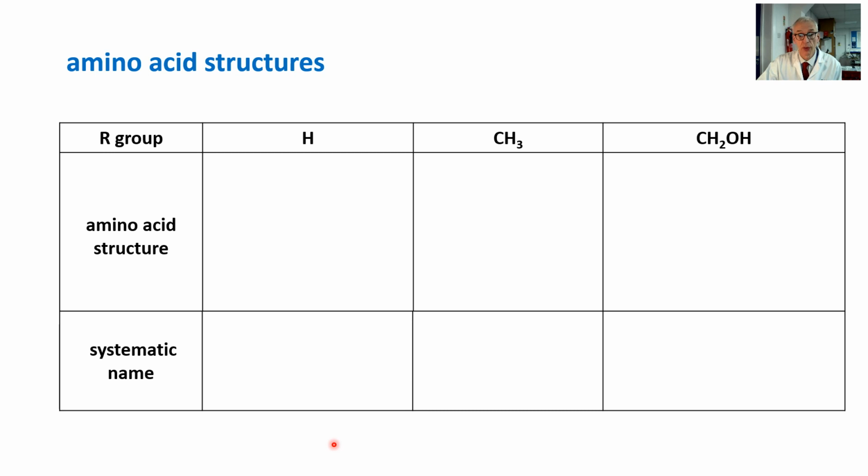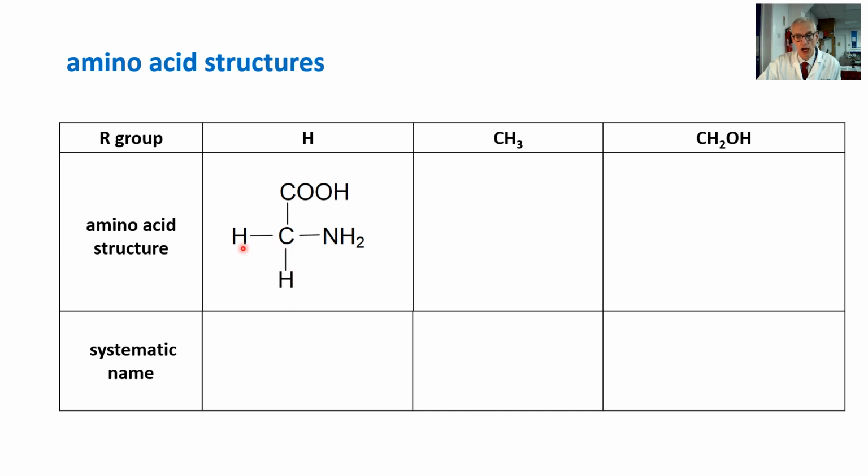Okay, so if we look at the first structure, we'll see that the R group is hydrogen. So we've got the general structure of an amino acid. Carbon number 2 is bonded to the amino group or the amine group. Carbon number 1 is a carboxyl. We have a hydrogen on carbon number 2.